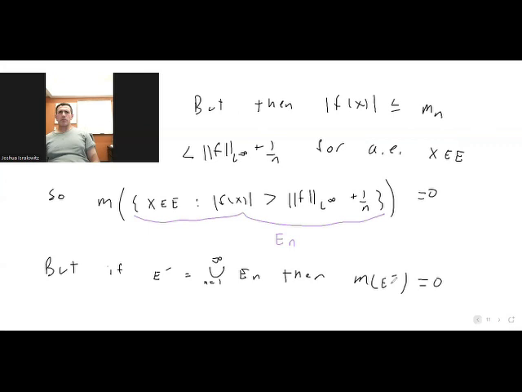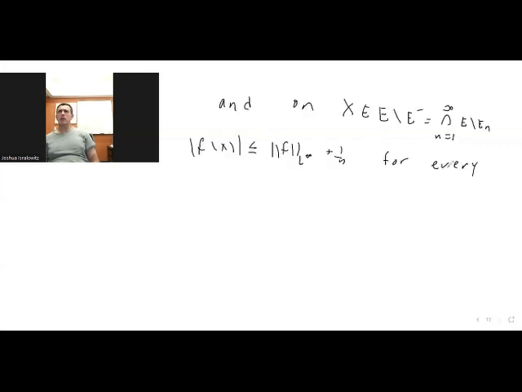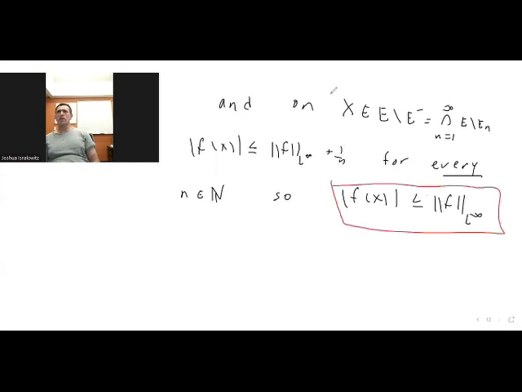Yeah, so take the complement of the union. It's going to be the intersection of the complements. This is true for every n. So this is true for every x. Right, so we have, this is true on E, take away E prime.